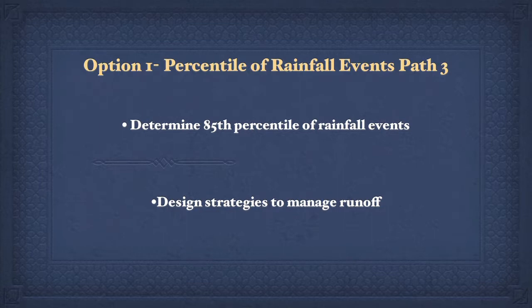The final step is to design green infrastructure and low-impact development strategies to manage runoff on site. Follow the steps in Path 1. Green roofs and rainwater harvesting approaches are the most likely strategies to help zero lot line projects meet the credit requirements. Roofs can be either extensive or intensive systems.